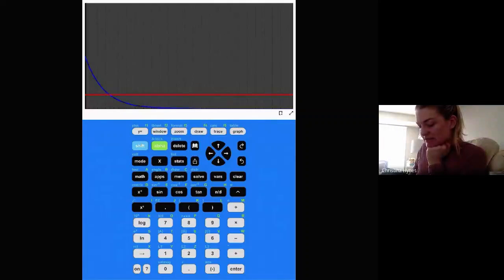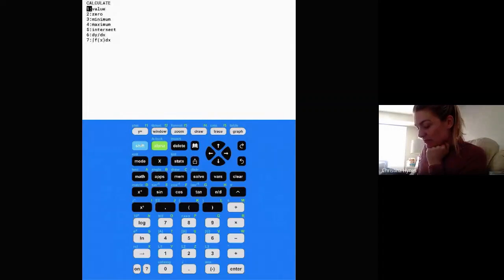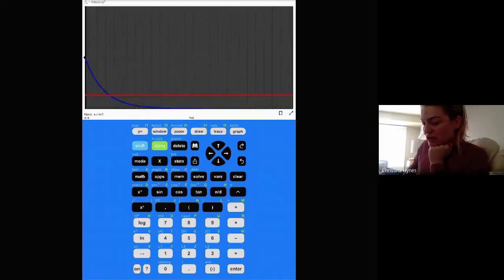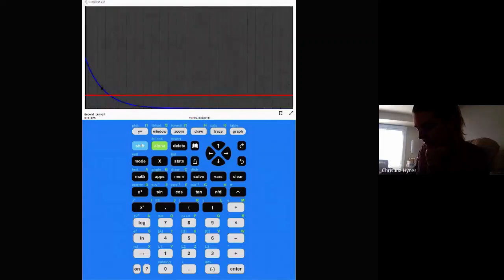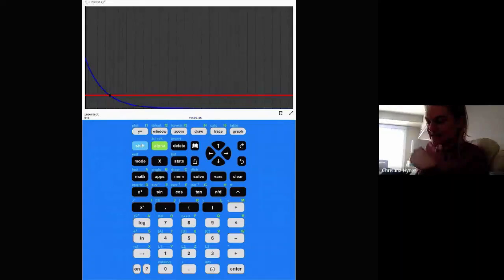Same steps as above, second trace number 5. Go as close to the intersection as you can, press enter, enter, and enter until you get the intersection, and mine is 6 weeks. So it's going to take 6 weeks for the amount to reach $655.36. Okay, so the x coordinate is your answer there.